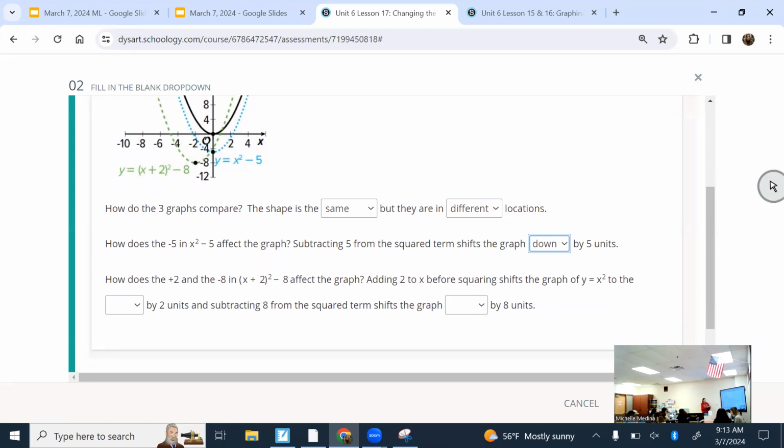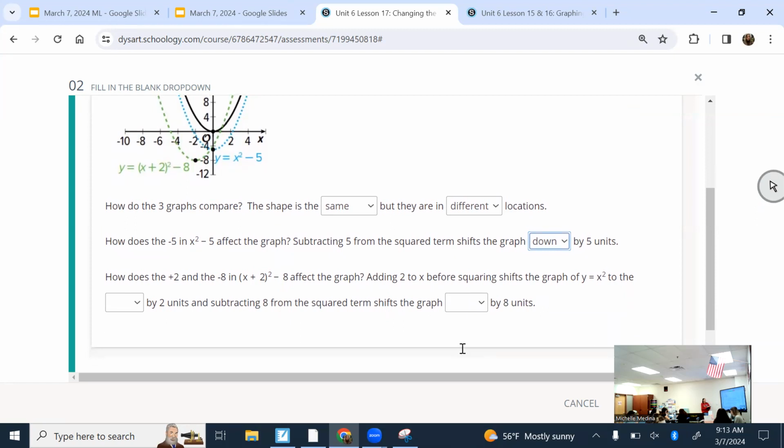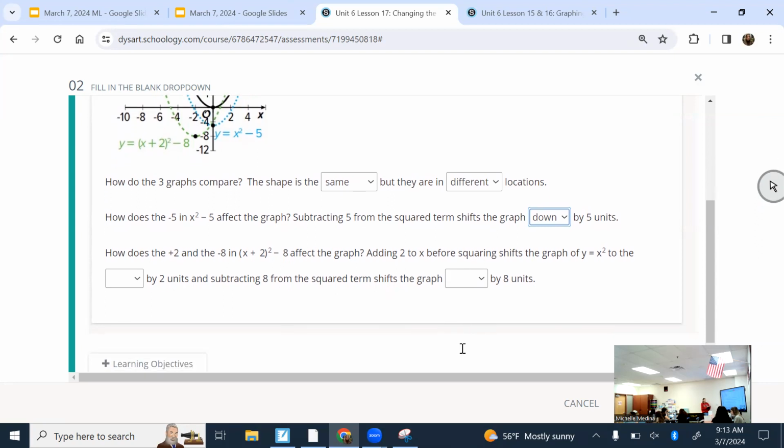How do the +2 and the -8 in (x + 2) squared minus 8 affect the graph? So adding 2 to the x before squaring it shifts the graph in what direction? Left. If it says x plus a number, yes, it shifts to the left. And subtracting 8 shifts it in what direction?